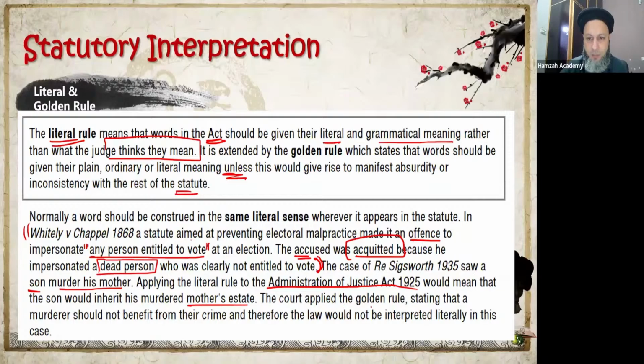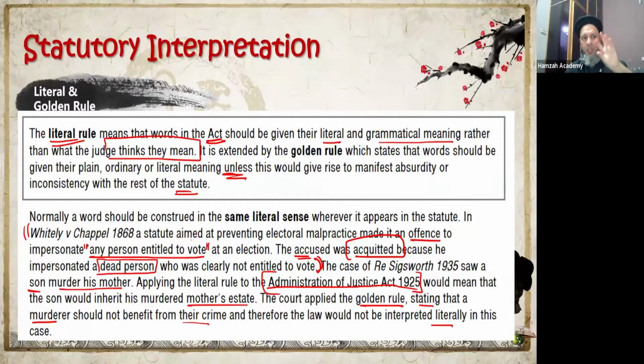The court applied the golden rule, stating that a murderer should not benefit from their crime and therefore the law would not be interpreted literally. Which law? The Administration of Justice Act. Meaning, even though it said that the son would inherit the murdered mother's estate, he will not, because he would be benefiting from his own crime, which should not be allowed.